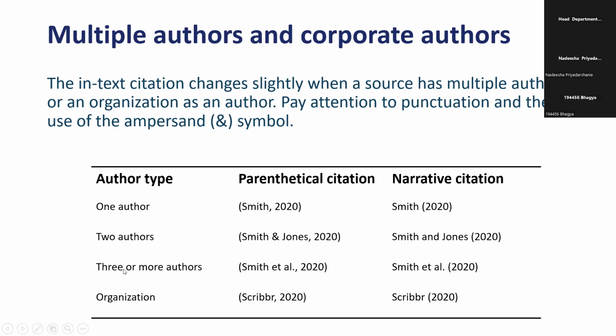Right. Then let's look at three or more authors. If we have three or more authors, we are not going to mention all the authors' last names. What we do is take the first author's last name, then we write et al., which means "and others." Smith et al., 2020. In narrative citation it's the same: Smith et al., and we put the year of publication within brackets.